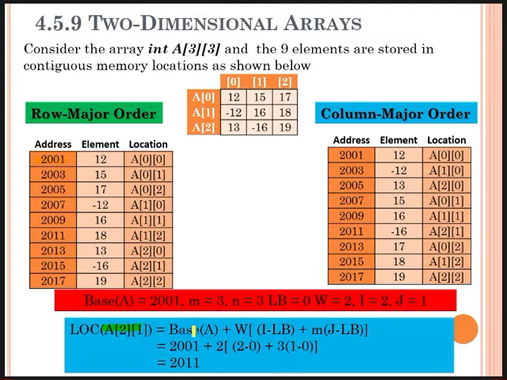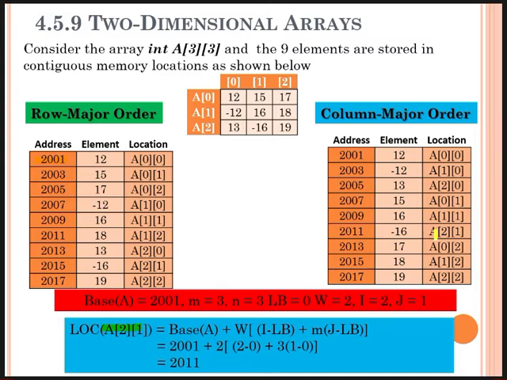Now as you know, base address is 201, I put, width is 2, and I put 2 minus LB, that is 2 minus 0, plus M into, that is the M value is 3, into J minus LB, 1 minus 0, I put. Now after substituting here, 2 minus 0 becomes 2, and 1 minus 0 is 1, 1 into 3 is 3, 3 plus 2 becomes 5, 5 into 2 becomes 10, and if you add 10 with 2001 it becomes 2011.